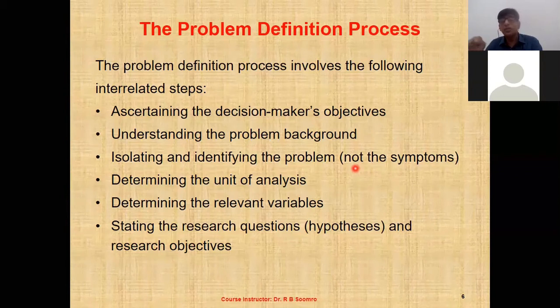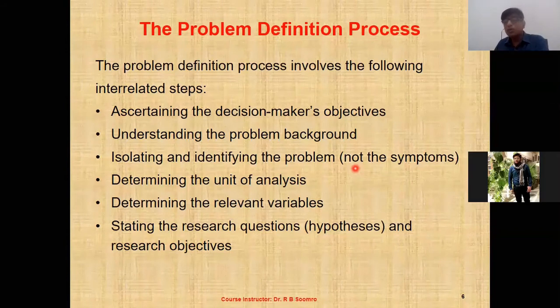That's why the company is losing its market share. Probably there may be the entry of your competitor in the market. Your competitor has now entered. That's why you are losing your market share. So now, if you understand losing market share as the issue itself, it will mislead you. That's why there should be a difference between these two.